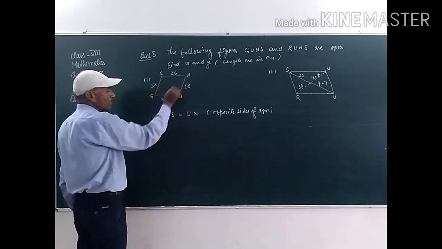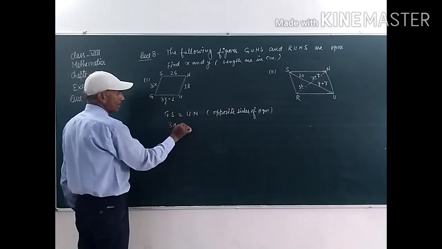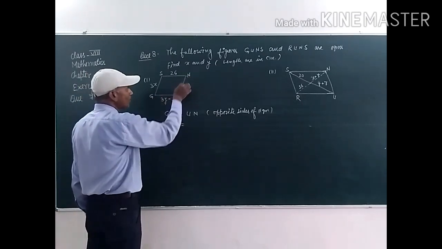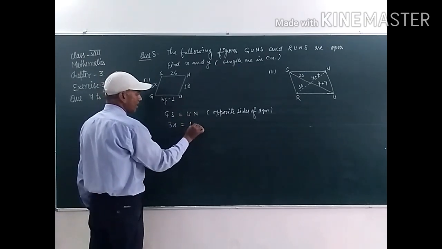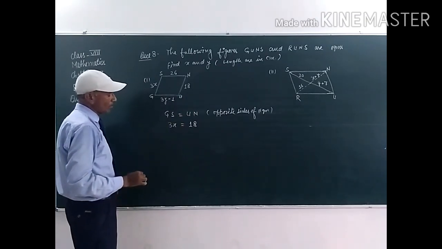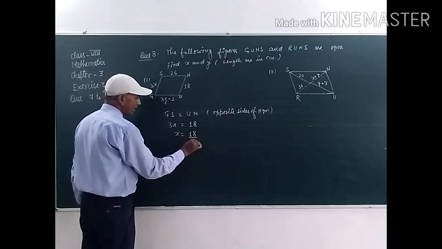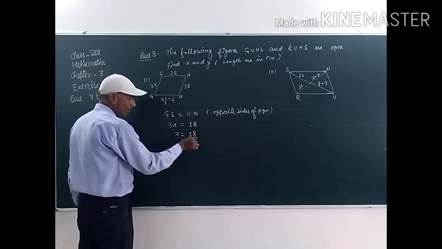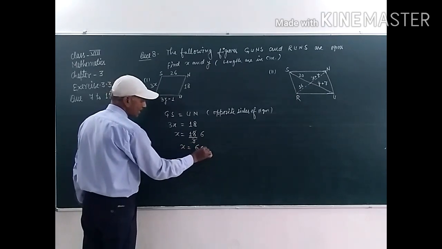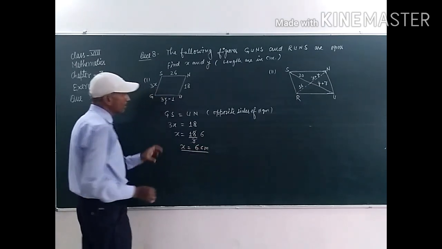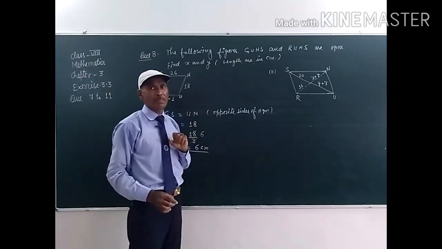These two opposite sides will be equal. So value of GS, that is 3x, is equal to value of UN, that is 18. So 3x is equal to 18. So x is equal to 18 by 3, that is 6. So x is equal to 6 centimeter, because lengths are in centimeter.